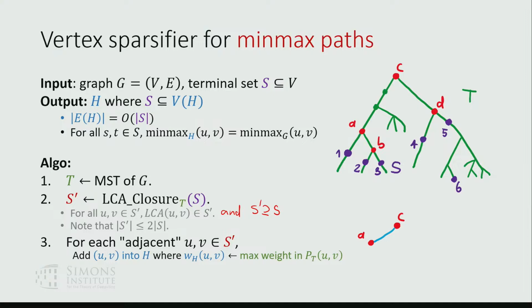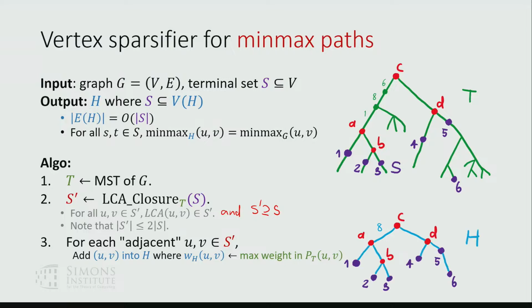Then, similar to the warm-up case, add one edge between A and C. What should be the weight? Just put the maximum weight on the path from A to C in the tree. In this case 1, 8, 6, so you put 8 here. Do this for every adjacent pair.